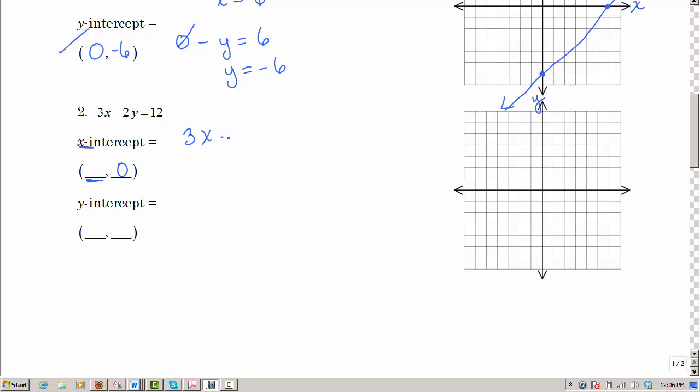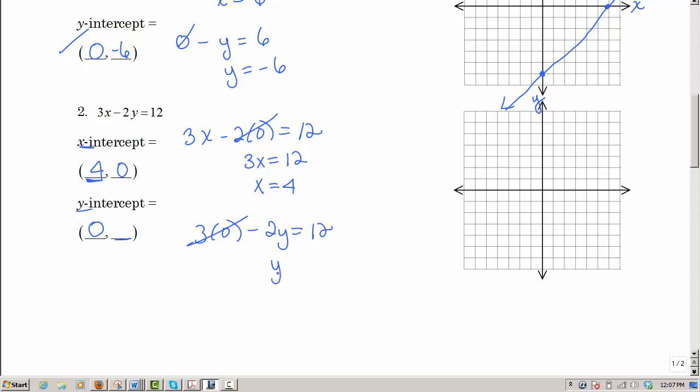So I have 3x minus 2 times 0 is 12. That's 0. Divide by 3. Now I want to find the y value, so I let x equal 0. Divide by negative 2, and I get negative 6.